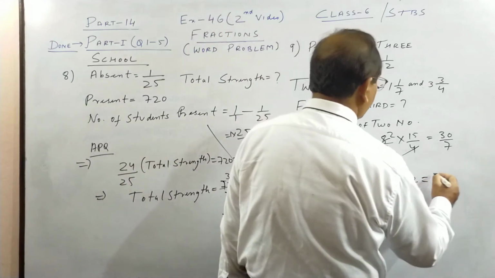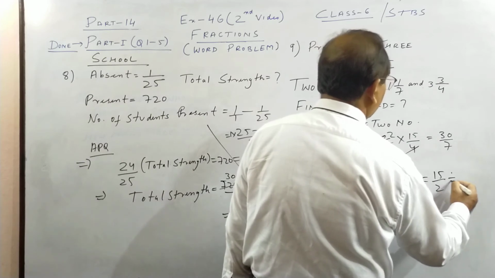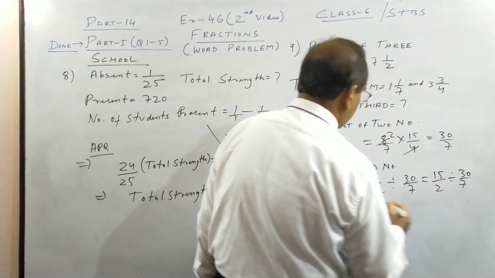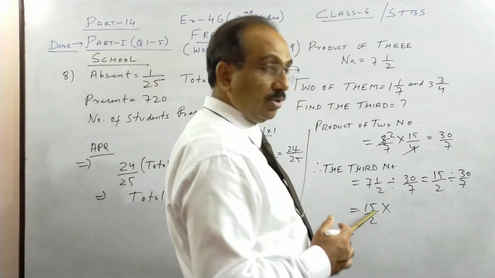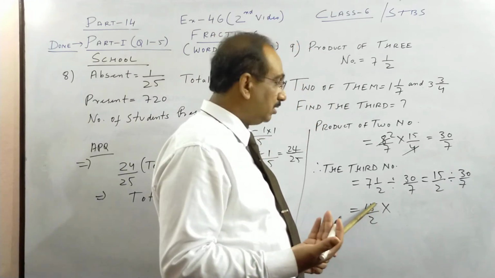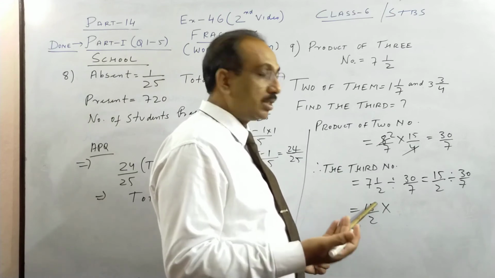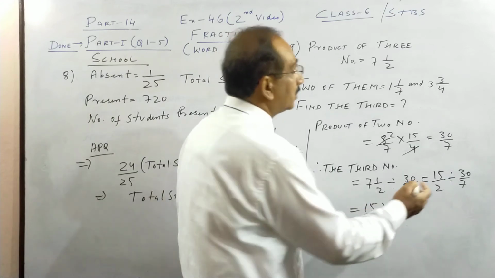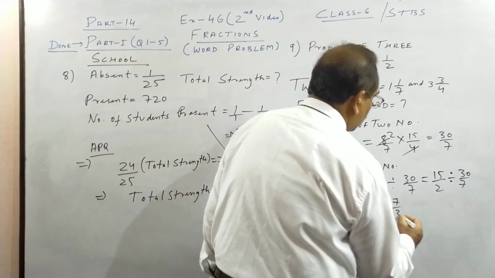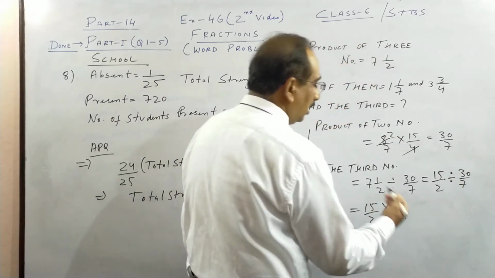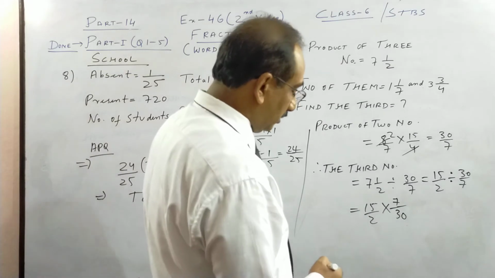So here this is 15 by 2 divided by 30 by 7. So what I get, children, is 15 by 2 into, this is what I have taught you in all my previous lessons on division, multiplication, subtraction, addition. When division becomes multiplication, the denominator goes up, the numerator comes down, and whatever is possible we can cancel.